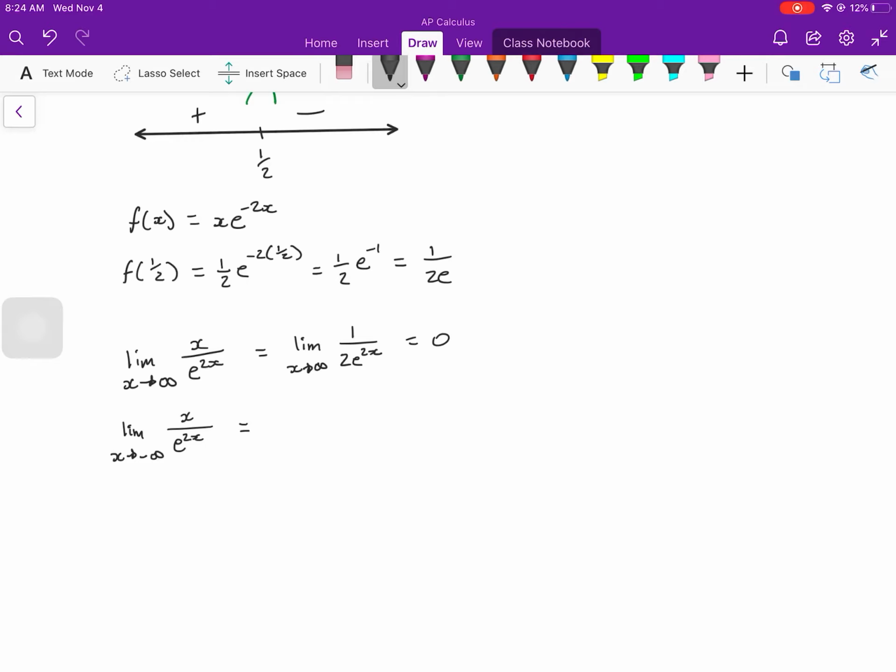Actually, I believe, because it's negative infinity, this is not infinity over infinity. This gives us more of that infinity times infinity, or negative infinity times infinity, because putting in a negative number is just going to bring this up to the top. So I believe this one's going to equal negative infinity.